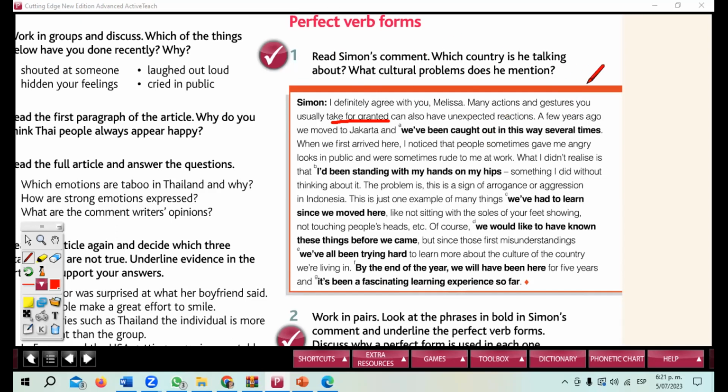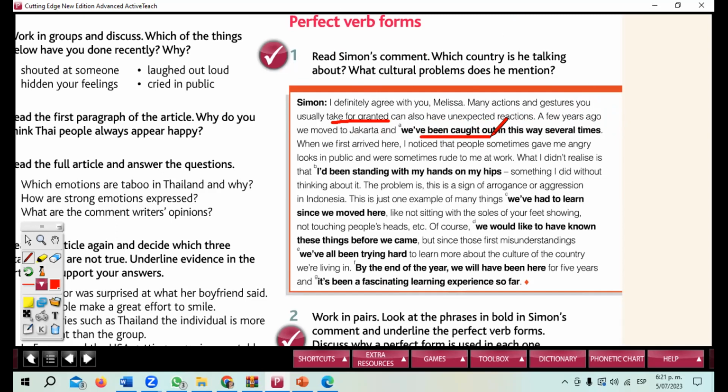So these actions and gestures that you take for granted here can have unexpected reactions elsewhere, okay, in a different part of the world. For example, he says that a few years ago we moved to Jakarta, and we've been caught out in this way several times. You know what this means? To being caught out? No? No, teacher.